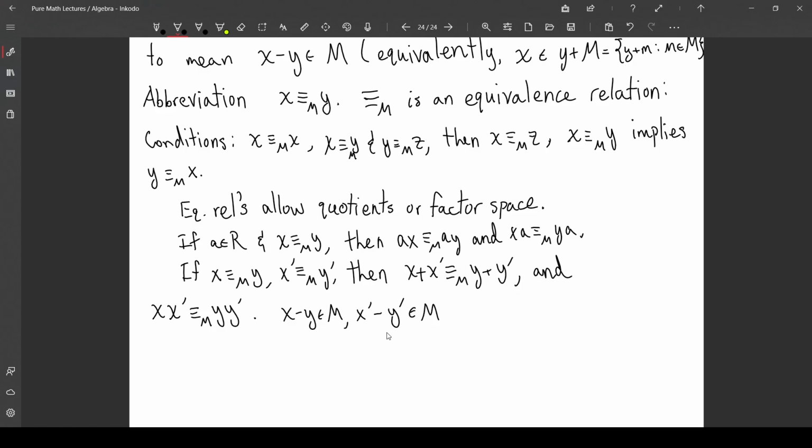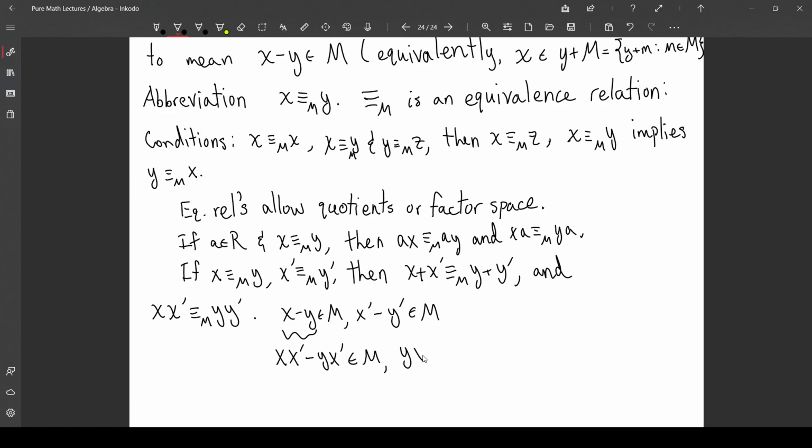Oh, I see what you do. So you multiply this on the left by x prime, so you get x prime times (x minus y) is in M. And then here on the right, you left multiply by y.